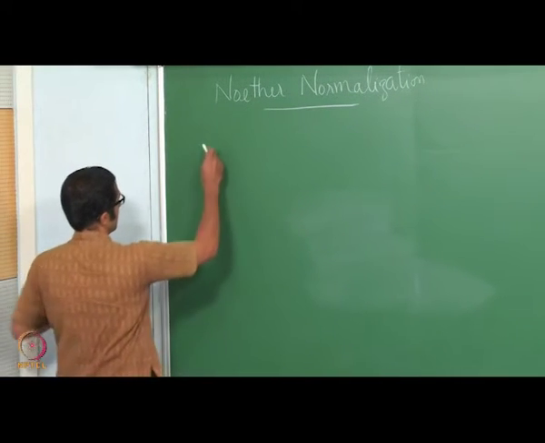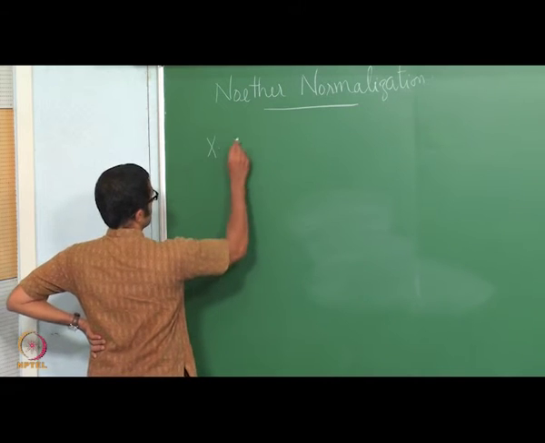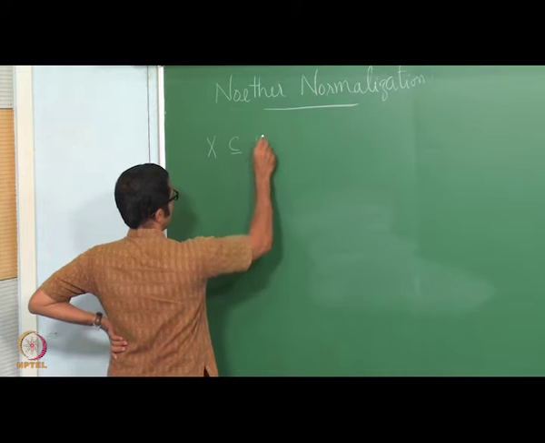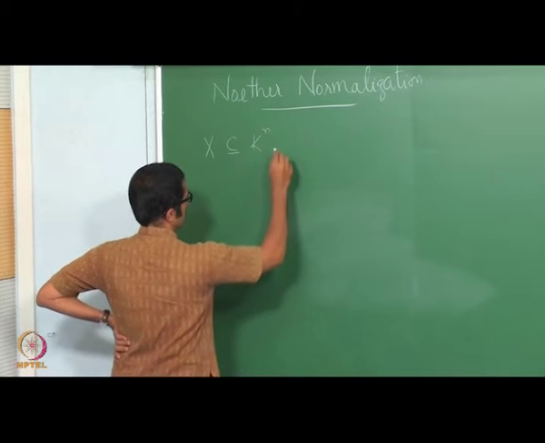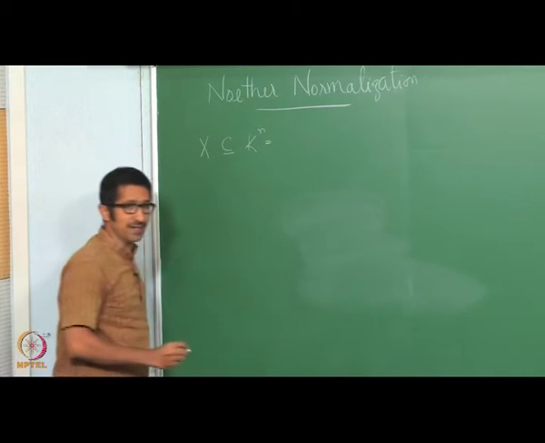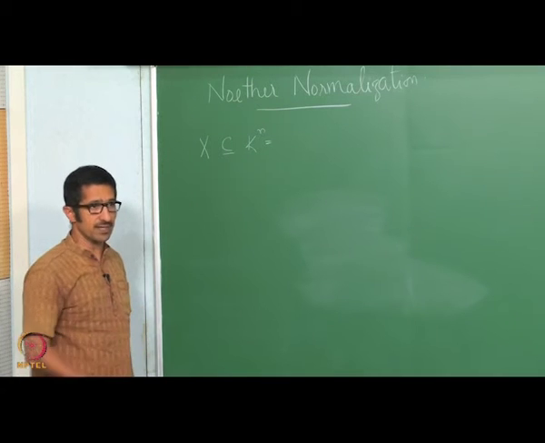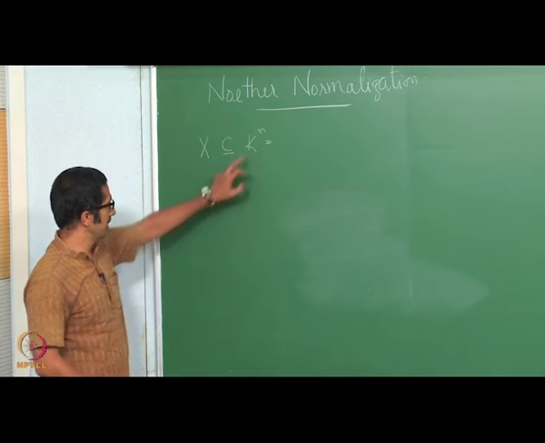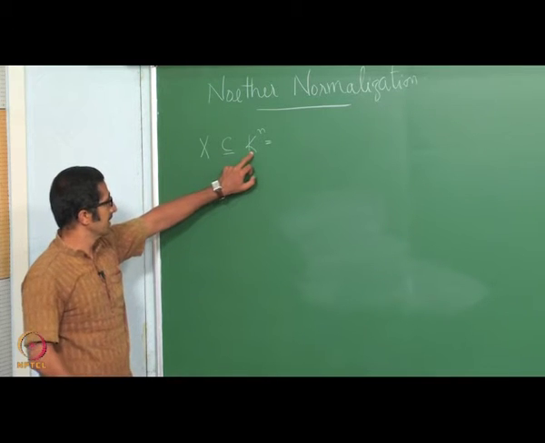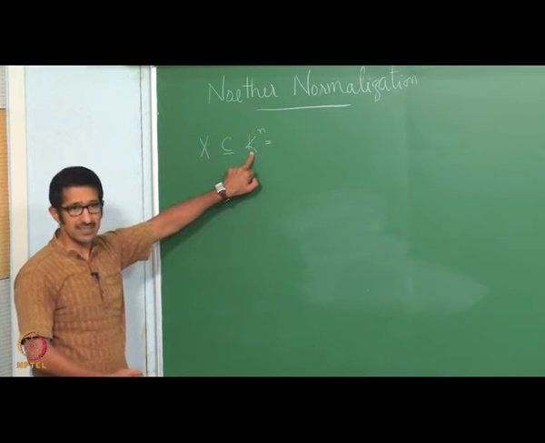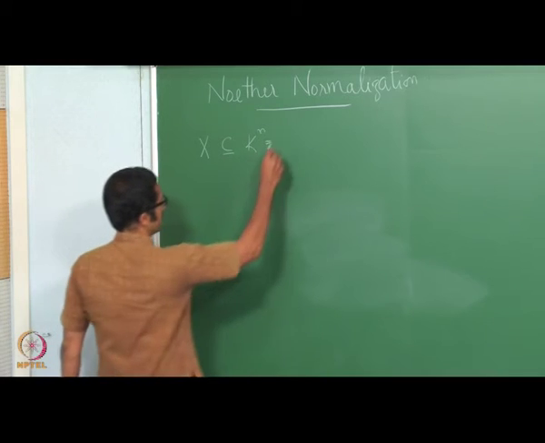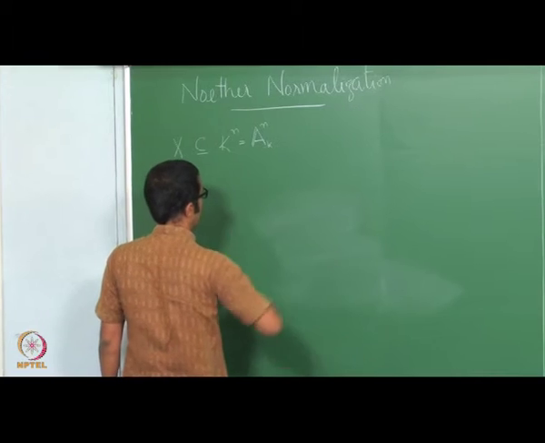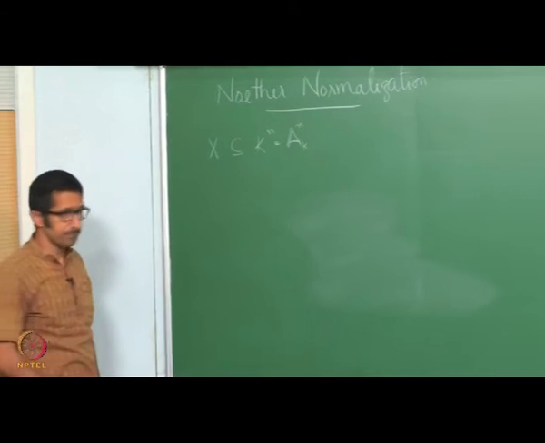Suppose you have an algebraic set in K^n, where K is a field. We call this affine space. You must have already done the exercises in Atiyah-MacDonald that K^n with the Zariski topology is usually denoted by A^n_K, and this is called affine space.